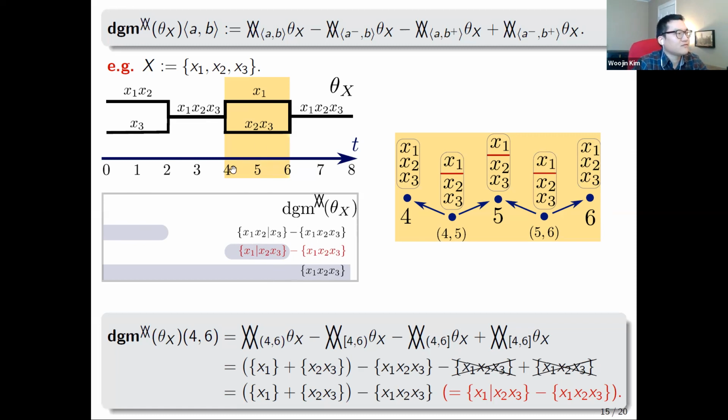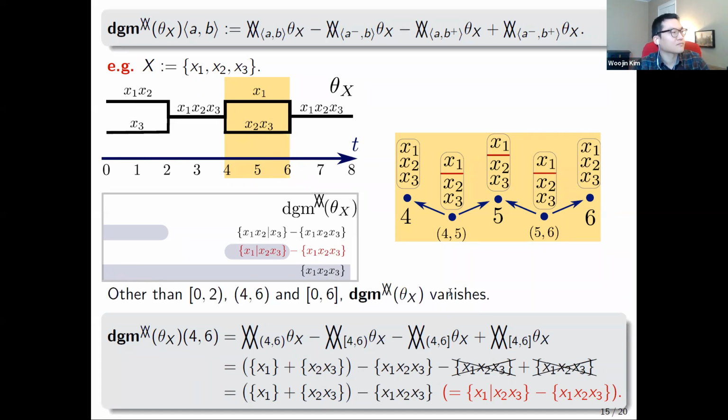Also, between 4 and 6 we had 2 partitions before, but beyond (4, 6) we have a 1-block partition. That 1 block is denoted after this minus sign. Over this entire interval from 0 to 8, we have 3 entities in all partitions, so those 3 entities are collected in a single block partition over the interval from 0 to 8. Other than this interval, the diagram vanishes.